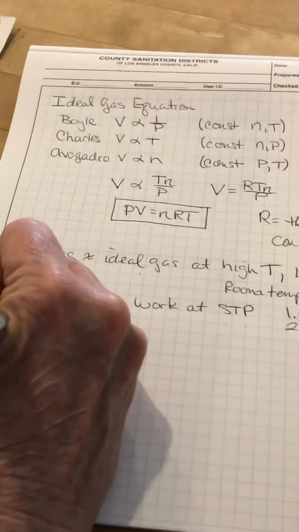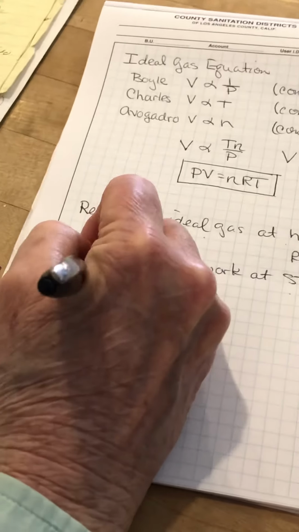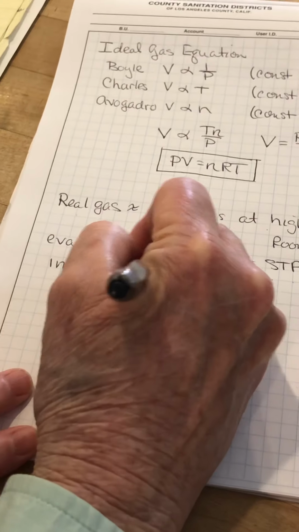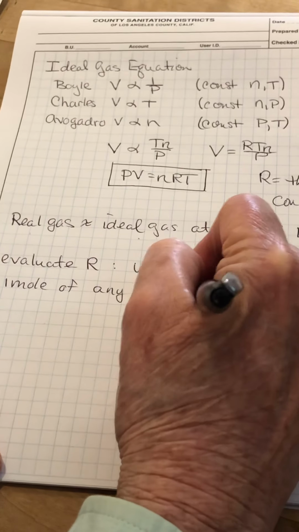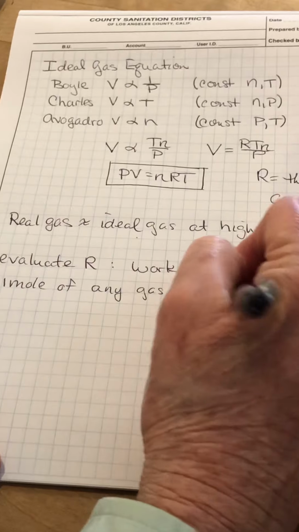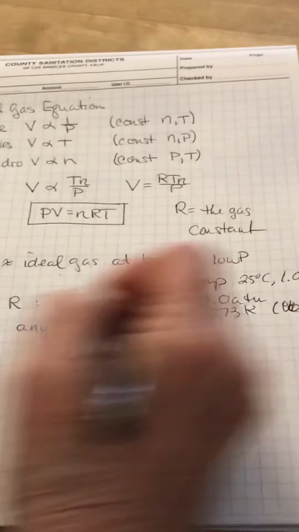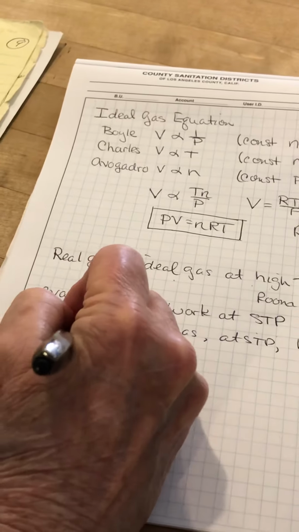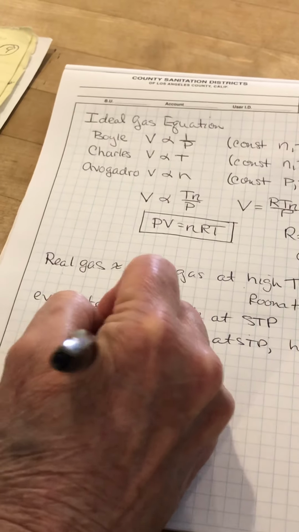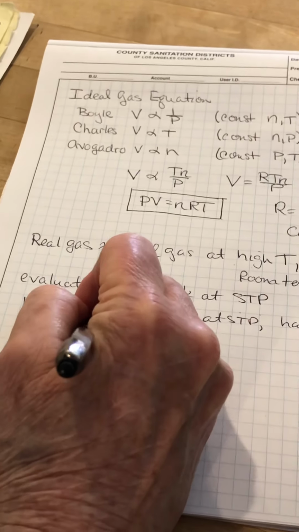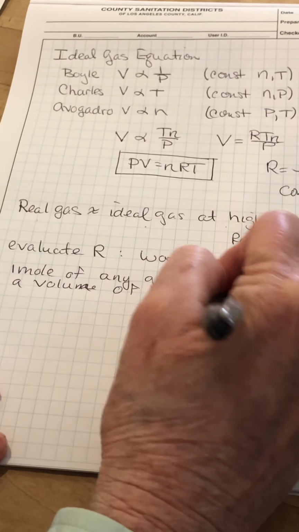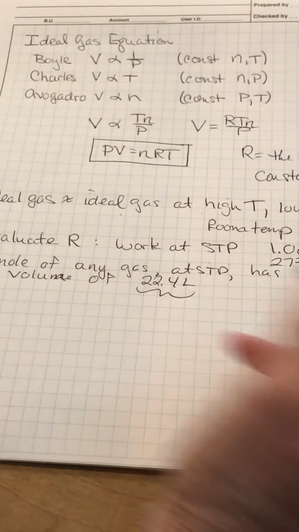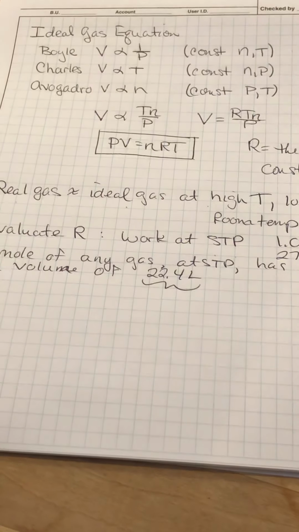It just so happens that 1 mole of any gas at STP has a volume of 22.4 liters. This number is a good number to know.